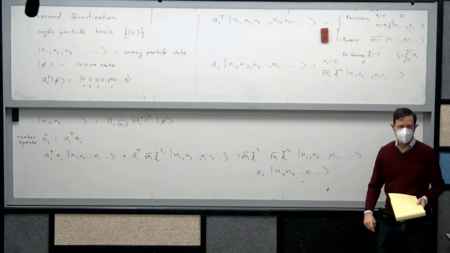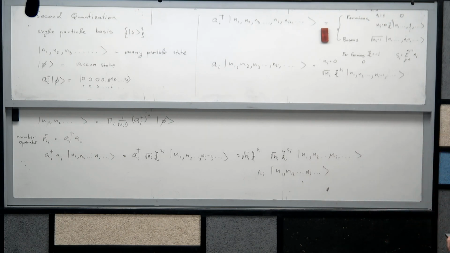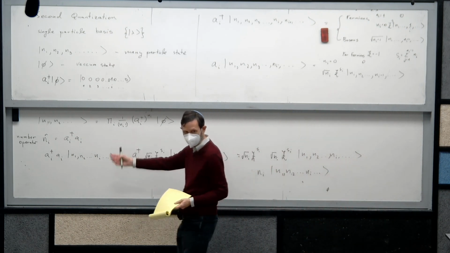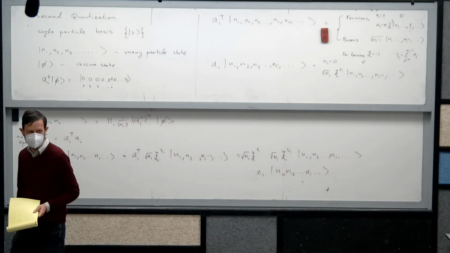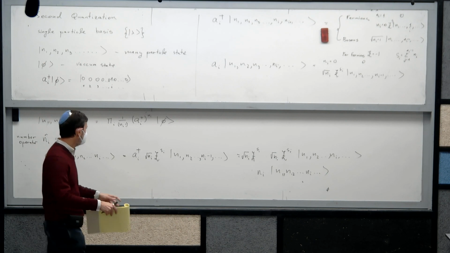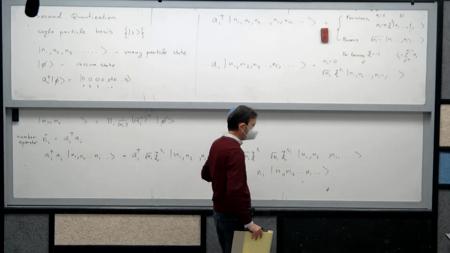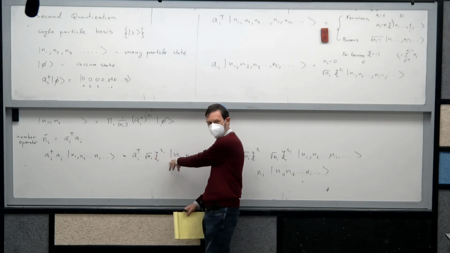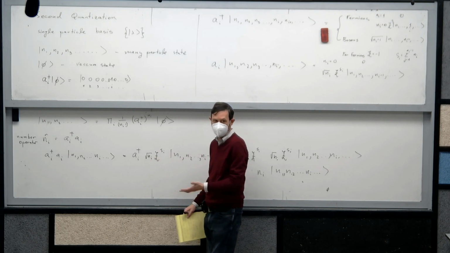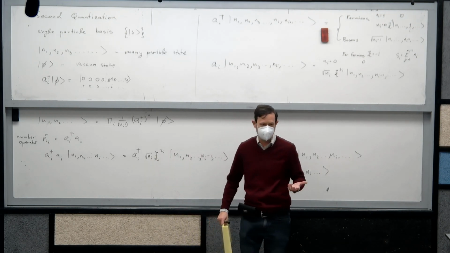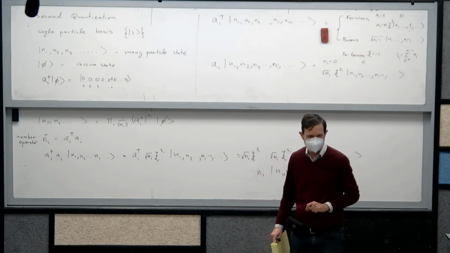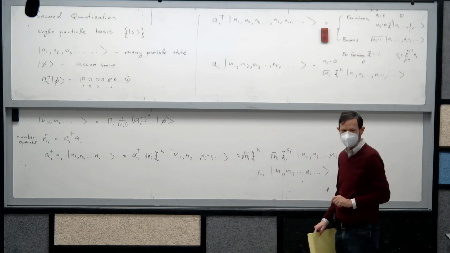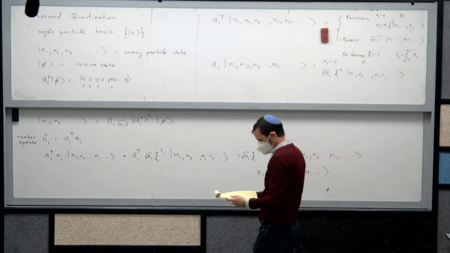So I got the same state multiplied by Ni, which is the meaning of a number operator. Now you could stop me a moment and say, okay, one minute, if Ni was 0, I couldn't do this step. No problem, then I would get immediately 0. Fine.